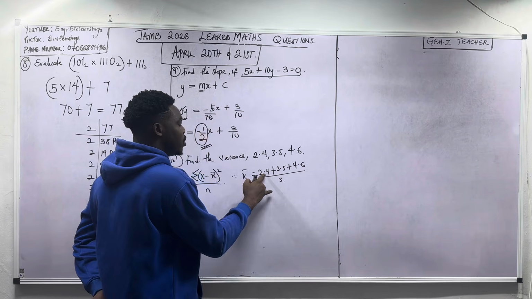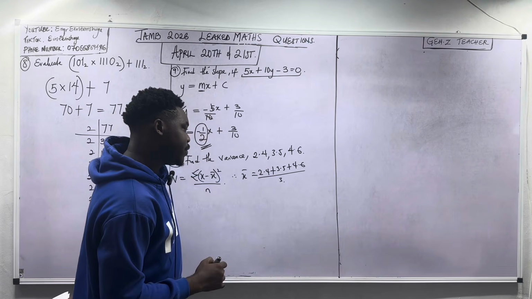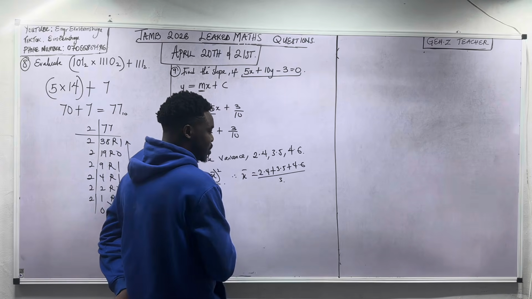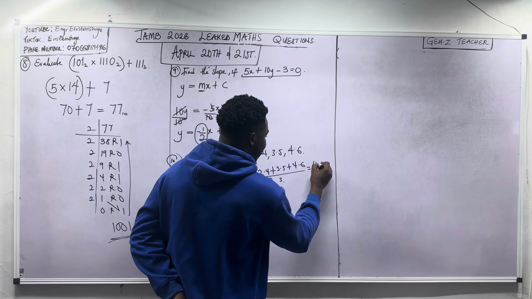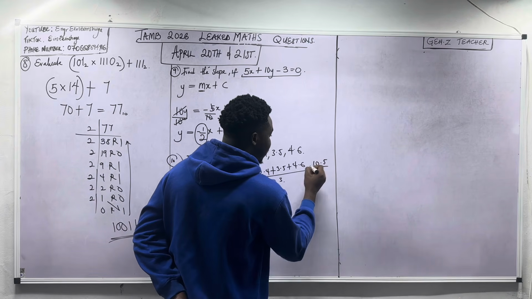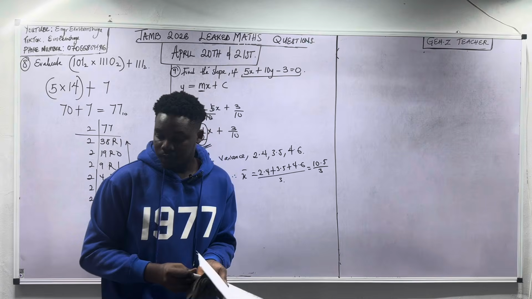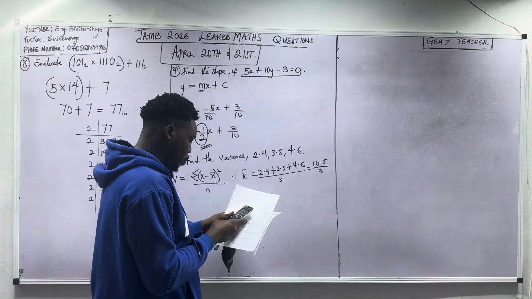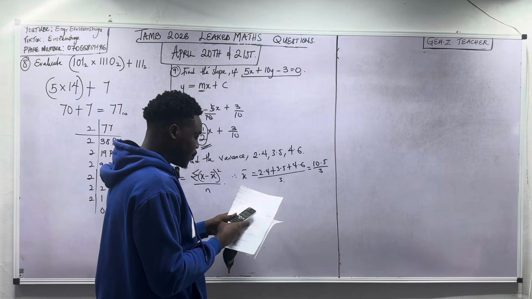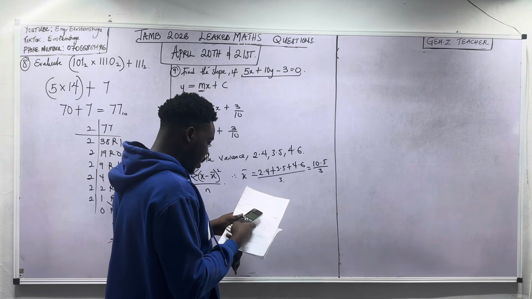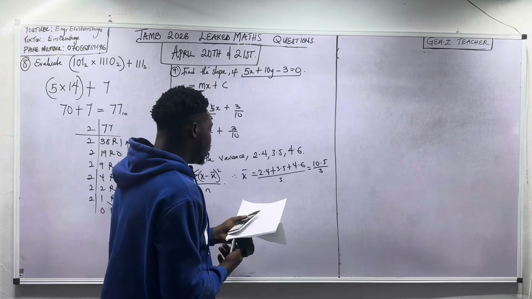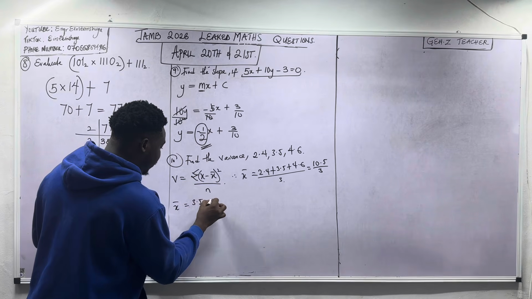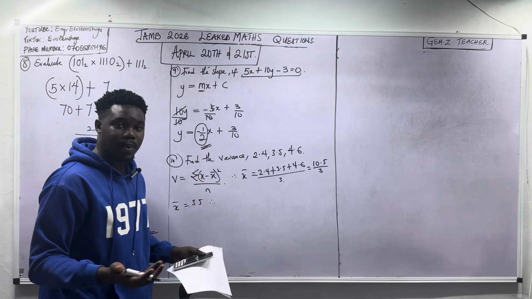Now 2.4 plus 4.6 gives you 7. Then 7 plus 3.5 should be 10.5 divided by 3. Let me cross check that on the calculator. 2.4 plus 3.5 plus 4.6, then divided by 3. So the mean is 3.5. Now quickly, we're going to do x minus x bar all squared.